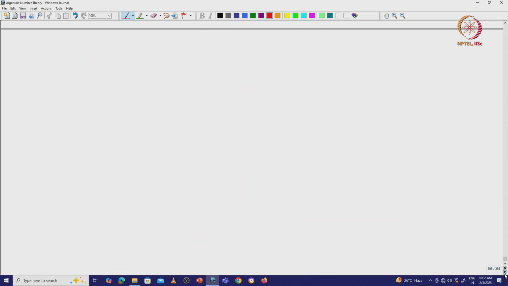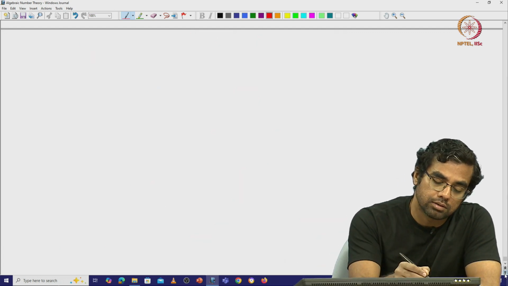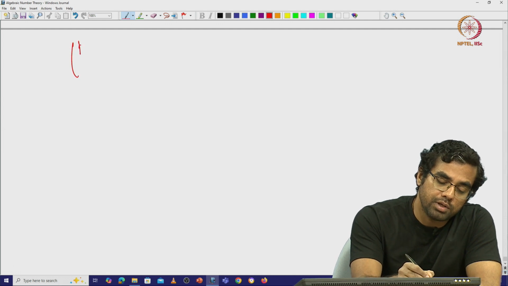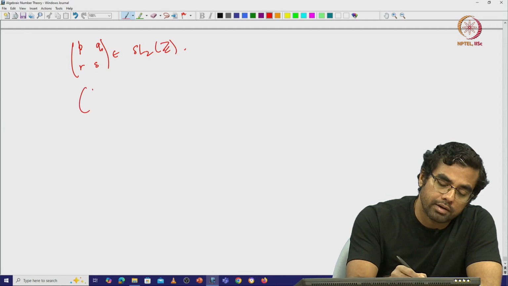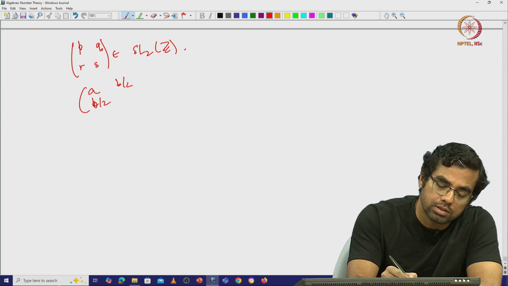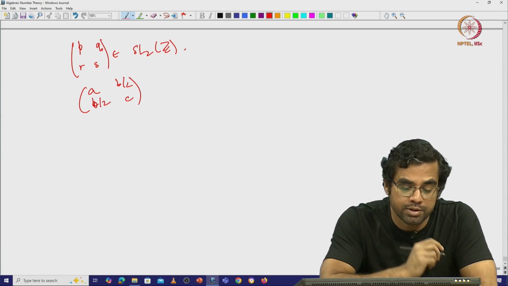So you can replace. Let (p, q, r, s) be in SL2(Z), and (a, b/2, b/2, c) be a binary quadratic form as before.